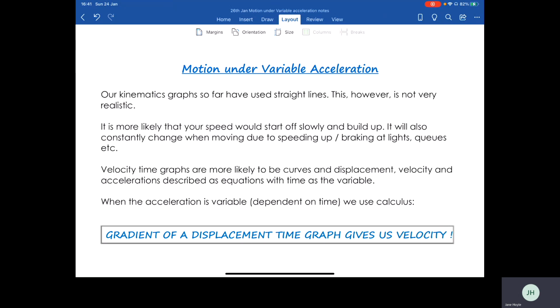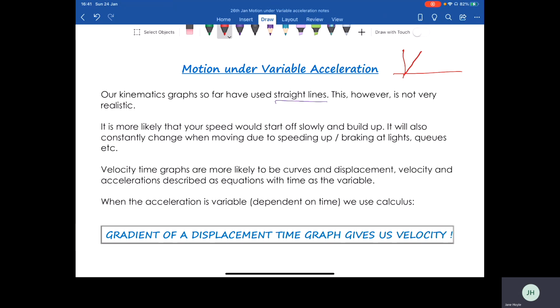A new type of motion today, which is very exciting. What we have looked at so far was velocity time graphs, in particular, just made up of straight lines. They might typically look like this.